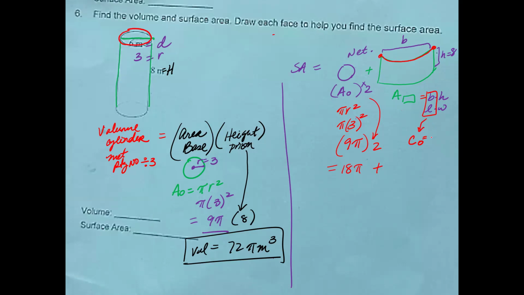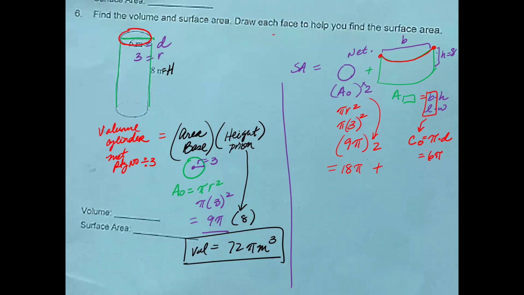How do you find the circumference of a circle? Pi times diameter, right? So what's your diameter? 6 pi. This right here is going to be your base, correct?